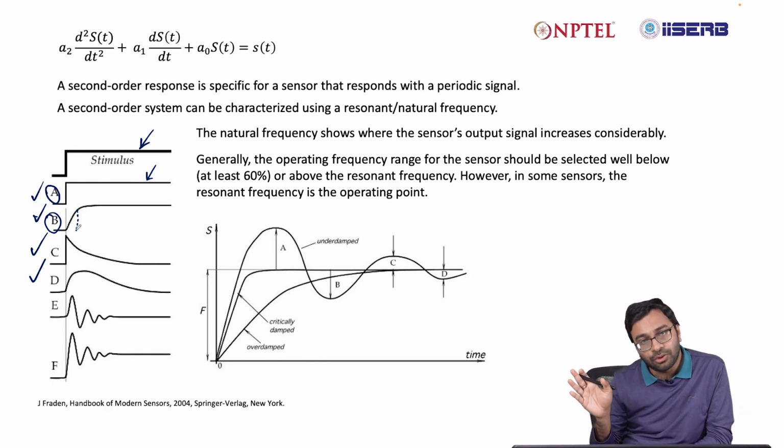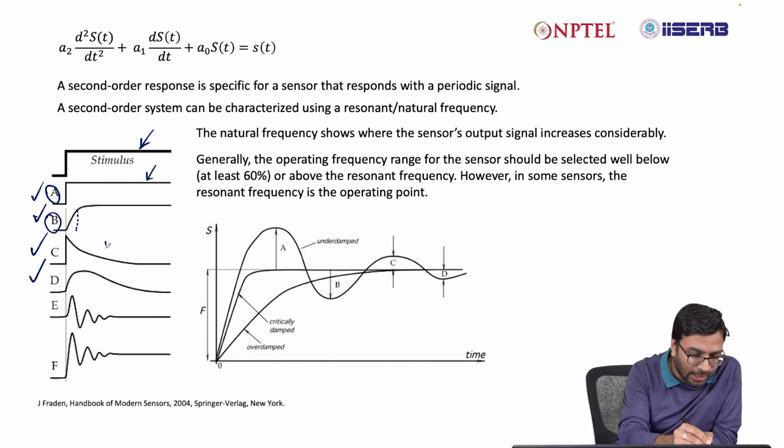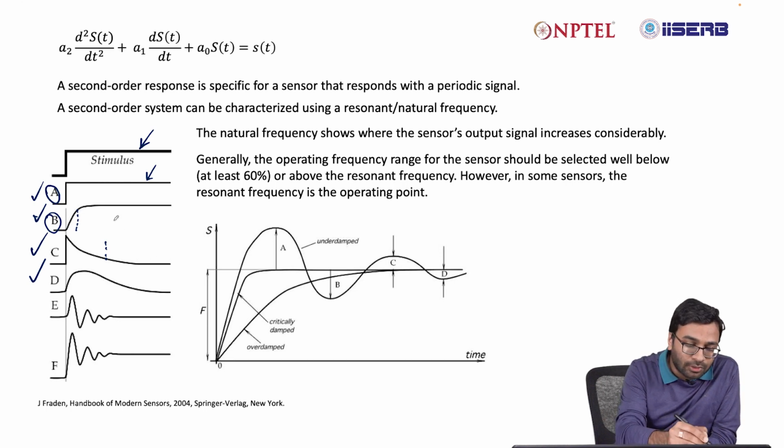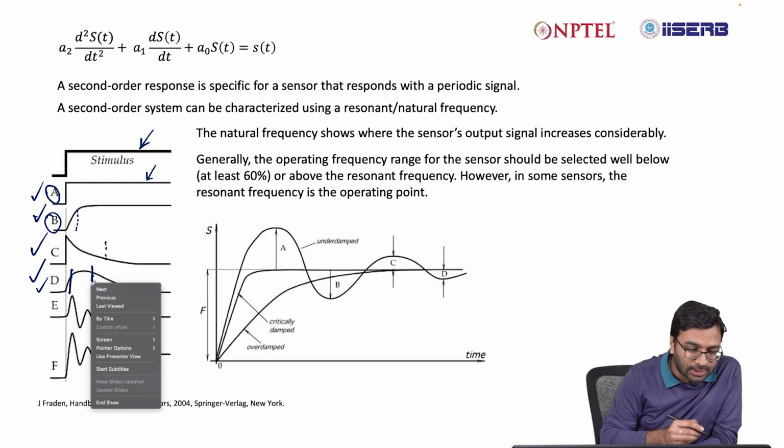Beyond that you should use it, and before that it's like transient. In case of C, you have an upper cutoff, because beyond that your amplitude is reducing, so you have to find an upper cutoff.